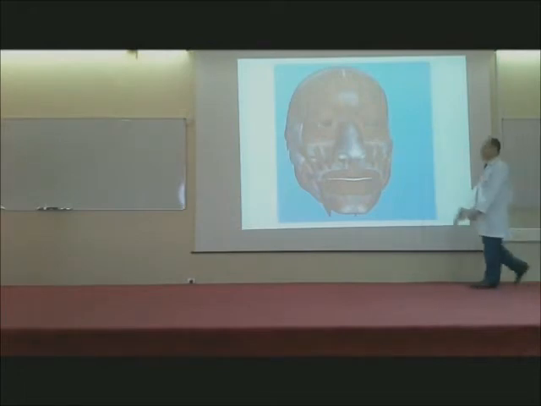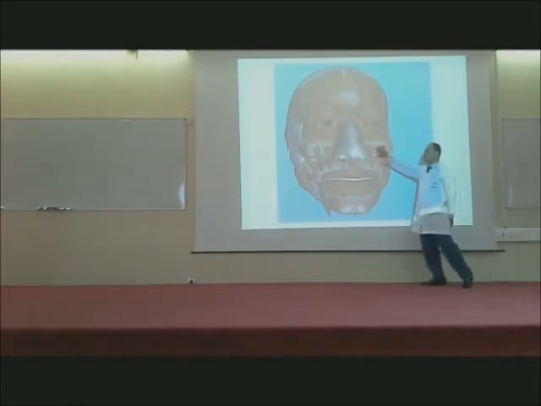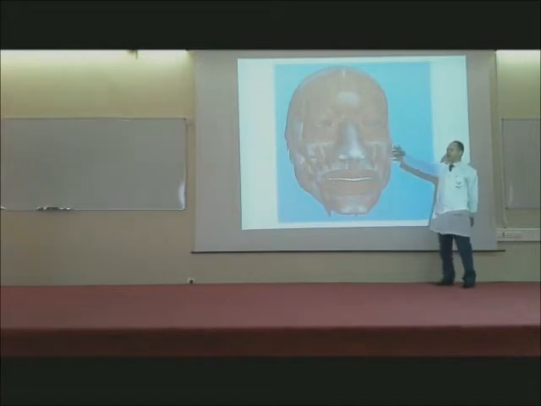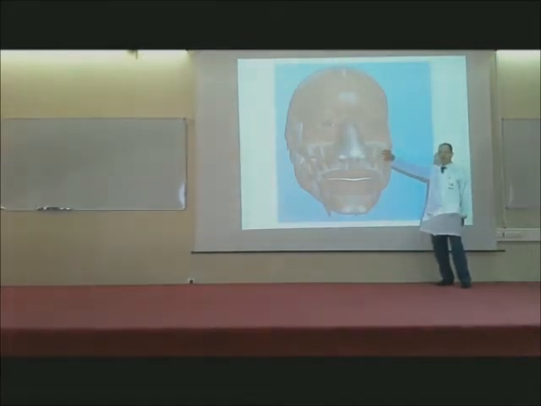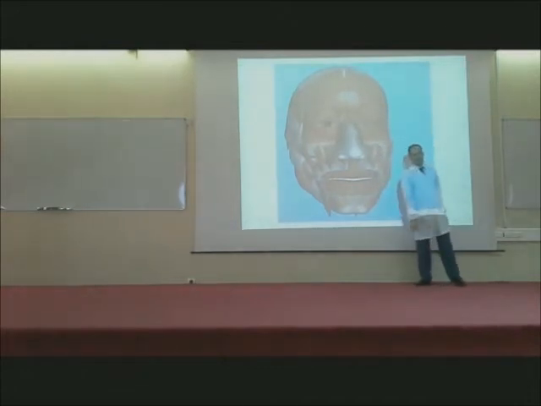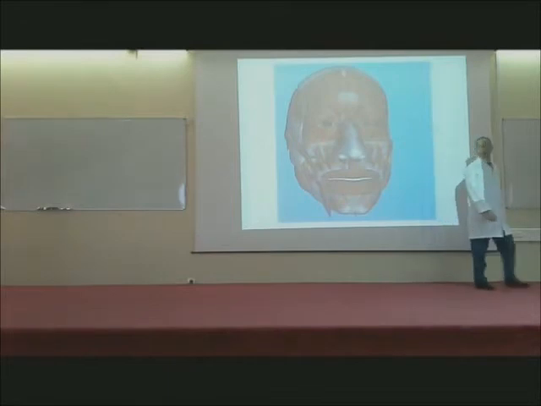Number two, they take origin from the different bones of the skull, bones in the face, whether maxilla, nasal, whatever, and are inserted directly in the skin of the face. That's why they move the skin in different directions, producing the facial expressions.